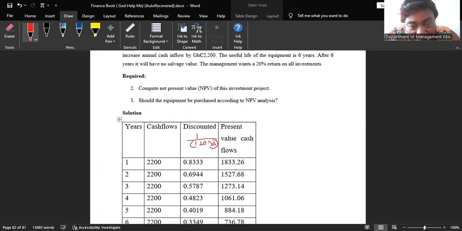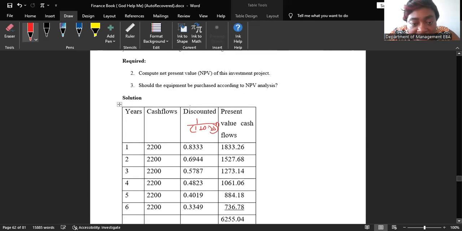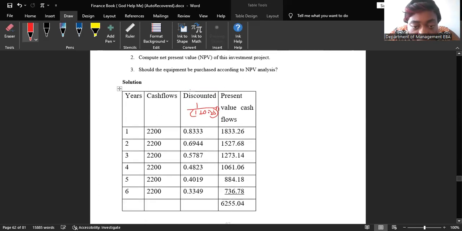We put n here because the number of years is determined by the year we are calculating. So the first one would be 1 over 1.20, right? 1 plus 0.2 is 1.20.